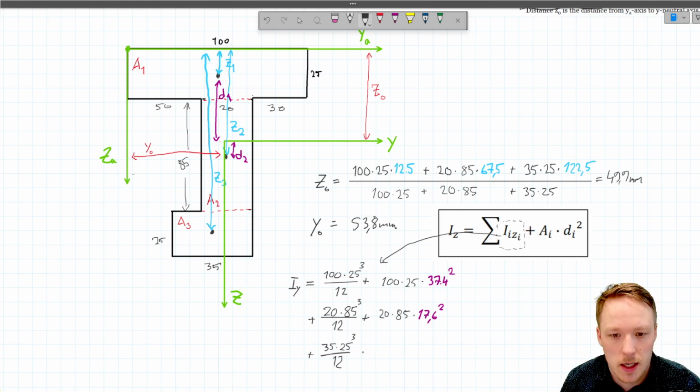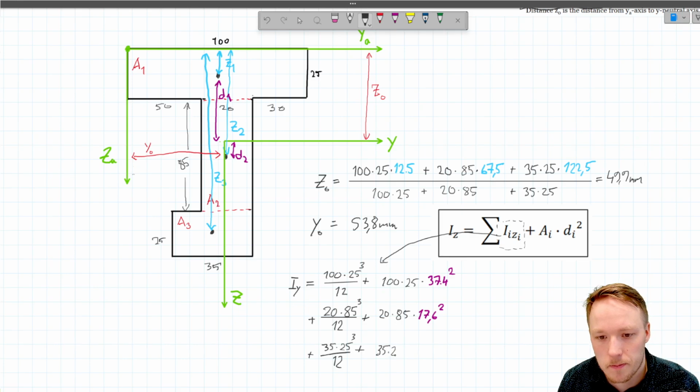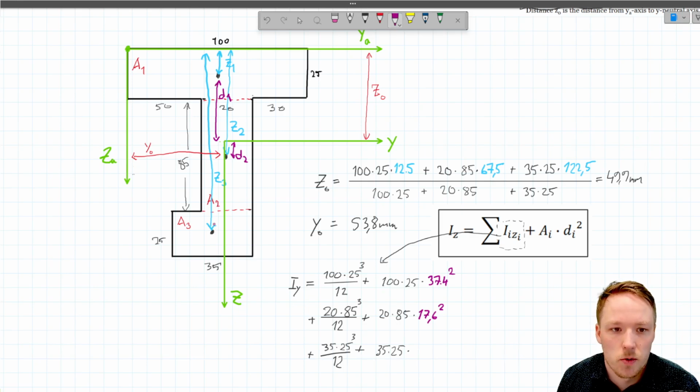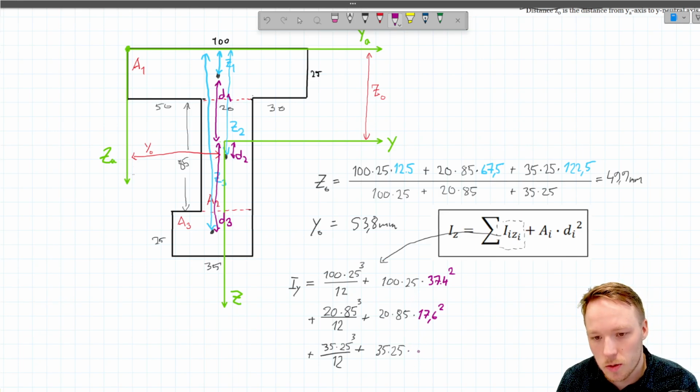And then because the neutral axis of that area is not located at the neutral axis of the entire profile, it means we must add the Steiner term, which is the area multiplied by the distance from the neutral axis of this area to the neutral axis of the entire profile, d3. And d3 in this case is 72.6. And that power to 2.